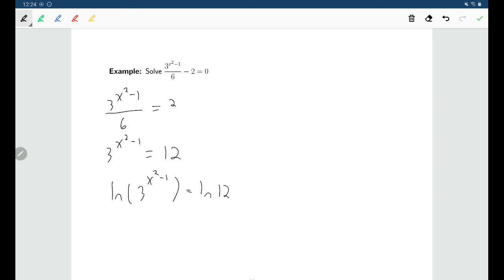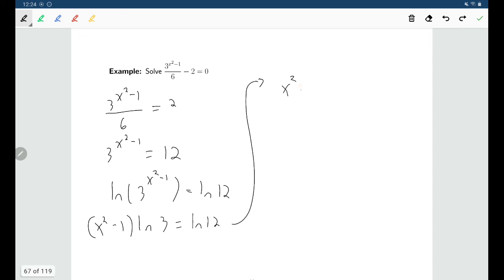And now I have that the power, x squared minus 1, can come in front. And next, I'm going to divide both sides by natural log of 3. Bring the 1 to the other side.